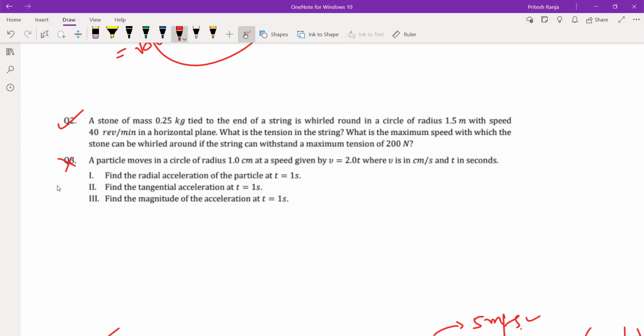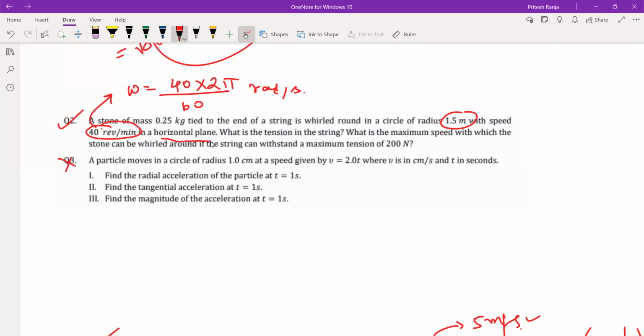So a stone here of mass 0.25 kg is tied to the end of a string, which is whirled round in a circle of radius 1.5 meter with speed 40 revolutions per minute. 40 revolutions per minute, that means omega is given to us as 40 into 2 pi by 60 radians per second.